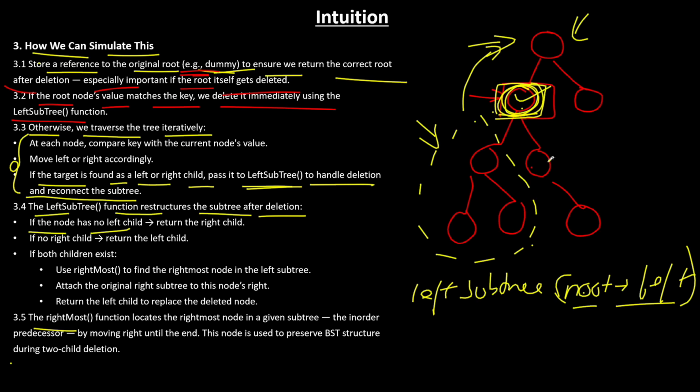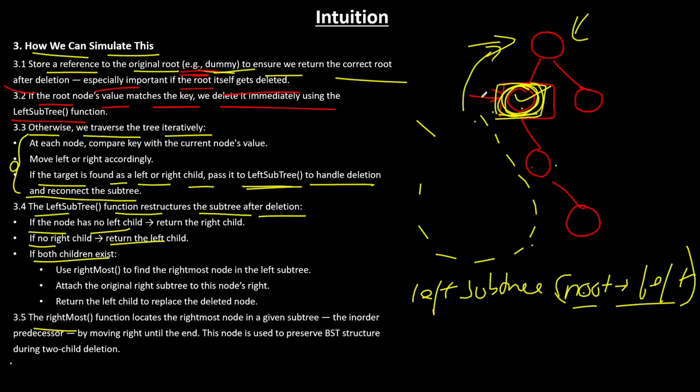You will return the right child of this particular node, so this will get connected with the parent node. Am I correct? Yes. Similarly, if the right child was not there, then you would return the left child. If both were not there, we will just return.